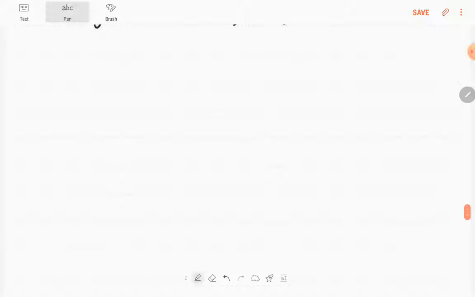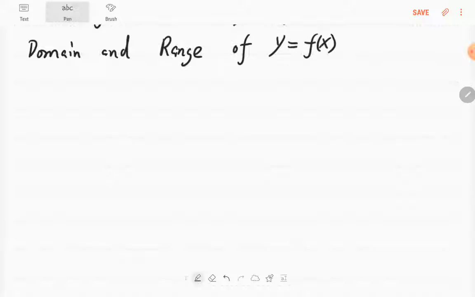Okay, so now let's look at the domain and the range of the function y equals f of x. Here x is the input, and f of x, or y, is the output.